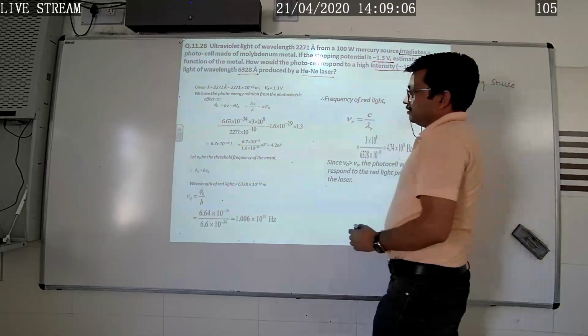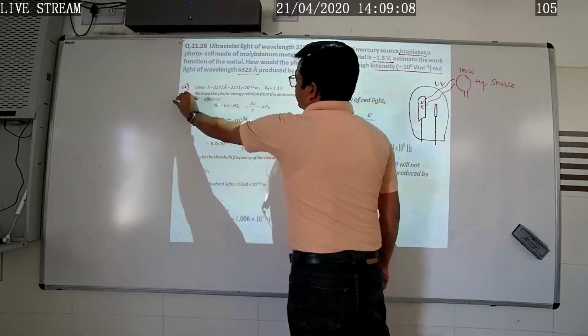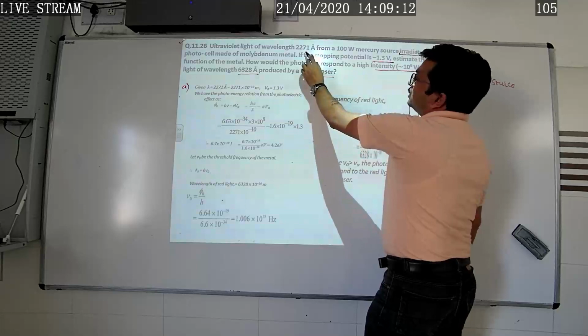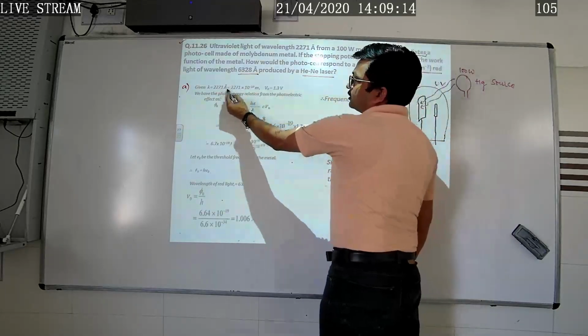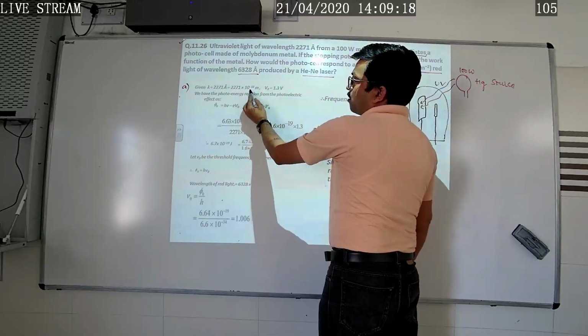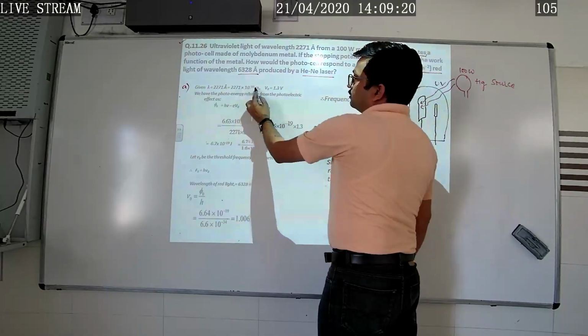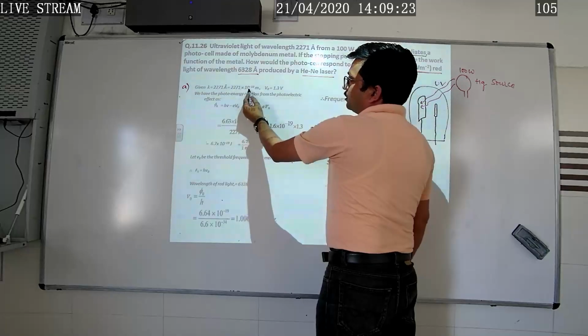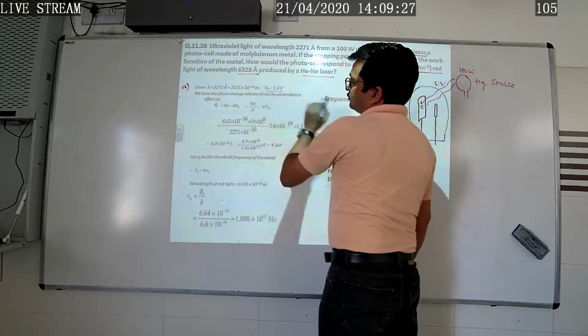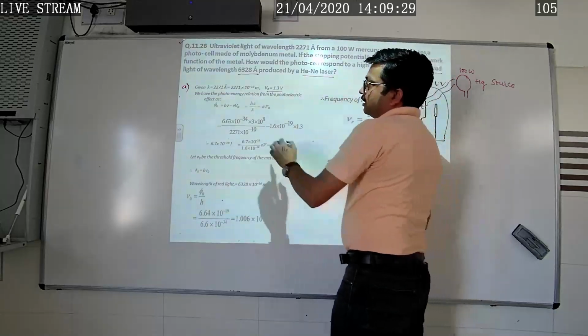So in the first part, the wavelength of this ultraviolet radiation is given to us in angstrom, and we will convert it into the international system. So we get 2271 into 10 to the minus 10 meter. Stopping potential is given as 1.3 volt.